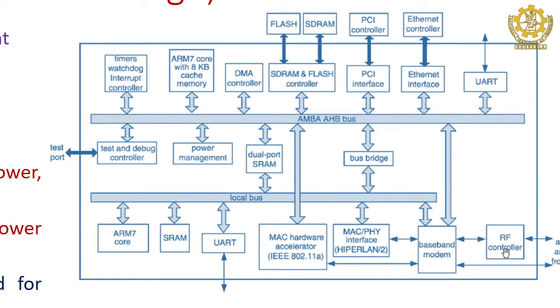You may have an RF controller, like if you want your IC to do a Wi-Fi application, so you put RF related things, so data will be transmitted through RF, not through a cable interface. These are the individual blocks, and these are what is called the communicating medium, that is, buses.